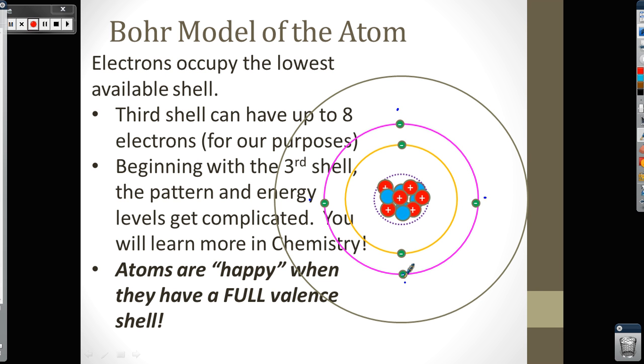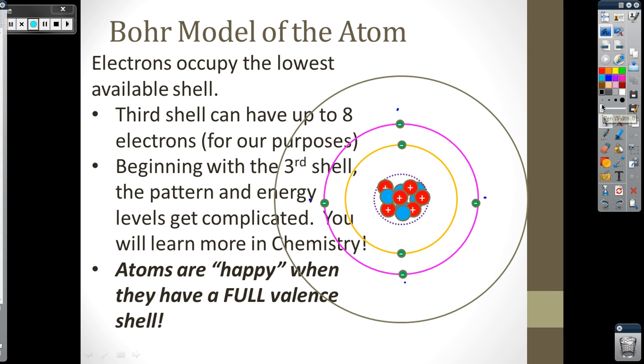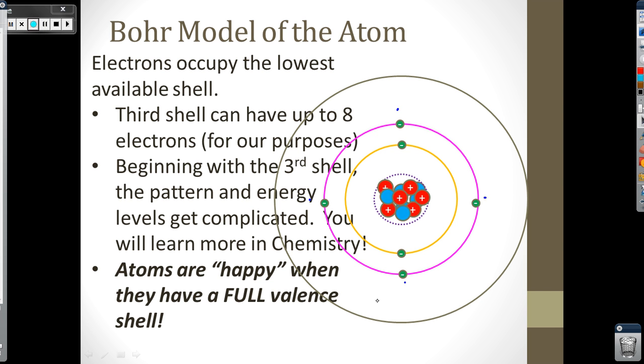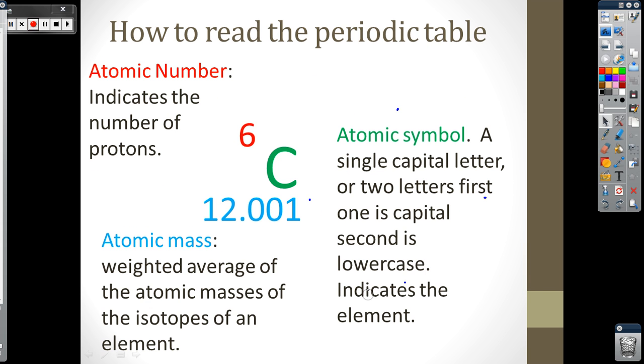It actually wants 4 more electrons. If it had 8 electrons in this pink shell, then it would be happy. The reason atoms bond with each other is because they're trying to fill up their valence shell and become happy. And by happy, what it means is they're achieving a lower energy state.